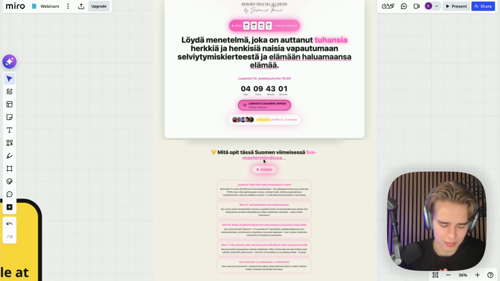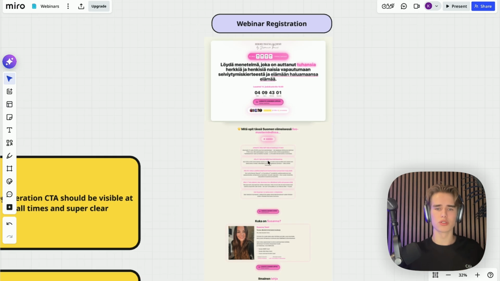So the buttons need to be big and indicate clearly, like, sign up here, claim your free ticket. So super low friction, easily usable, and please make these optimized for mobile.